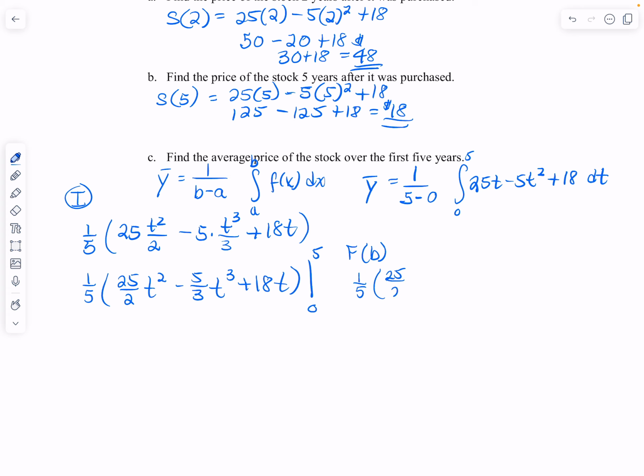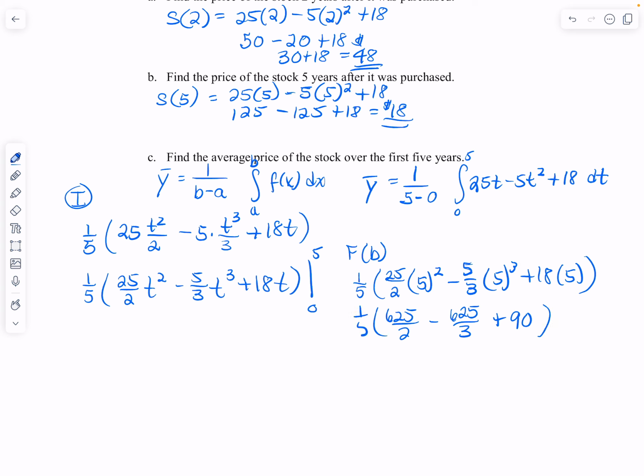So 25 over 2 times 5 squared minus 5/3 times 5 cubed plus 18 times 5. I know 5 squared is 25, and 25 times 25 is 625 over 2, minus 5 cubed is 125, and 125 times 5 is going to give me 625 again, but over 3. And then 18 times 5 is 90.